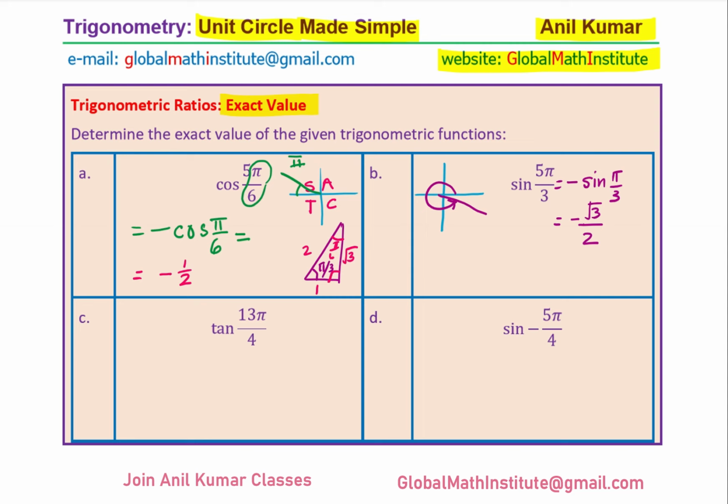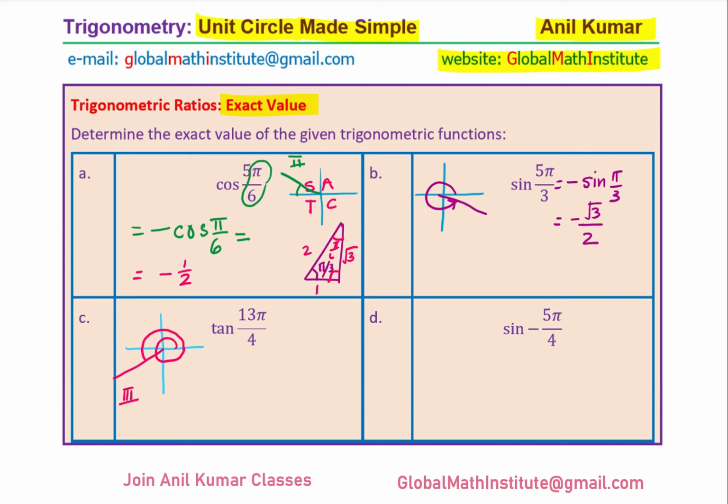Can you tell me in which quadrant the principal arm will be when we are trying to figure out the value of tan 13 pi by 4? Well, 13 pi by 4 means you go one full circle, that is 8 pi by 4, and then 5 pi by 4 more. So you are actually in quadrant 3.